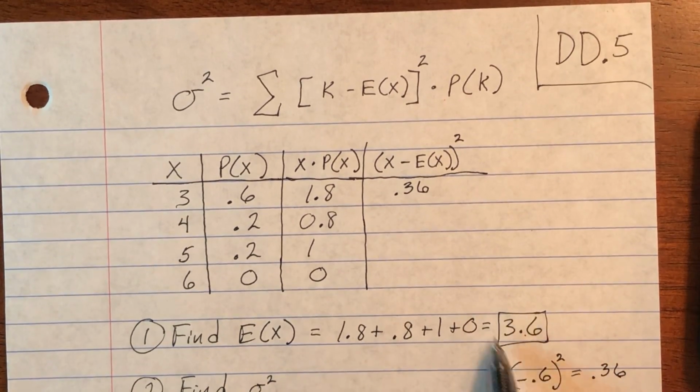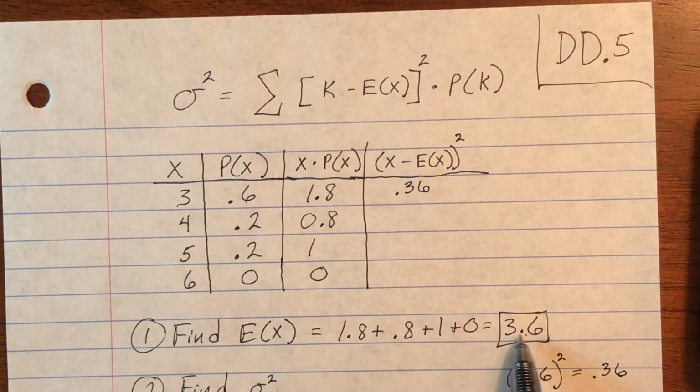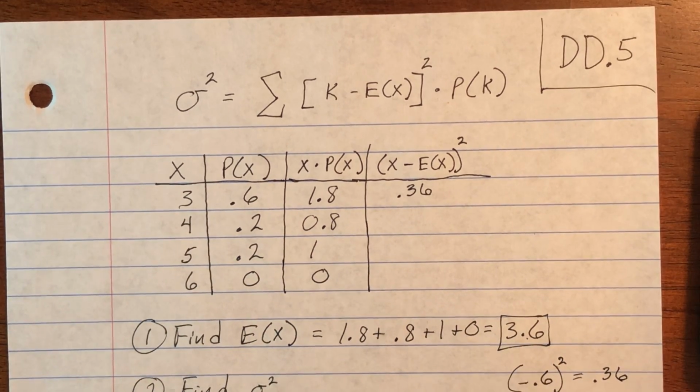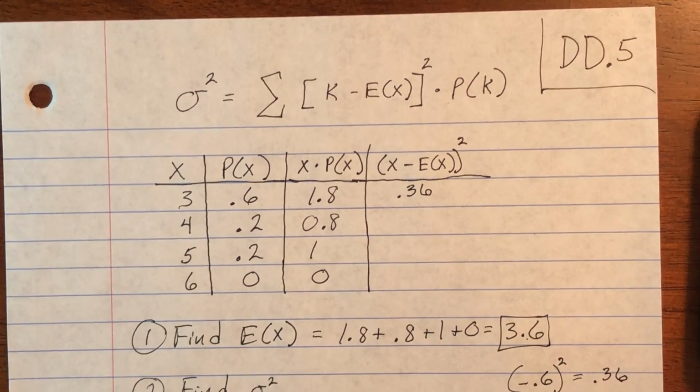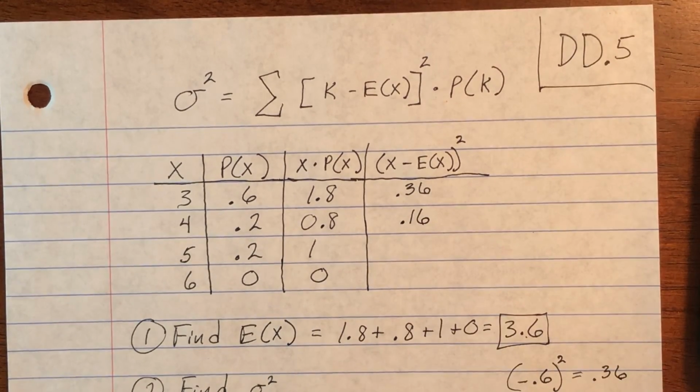Remember, this is the E of x that we're using all the time, the expected value. What's 4 minus 3.6? 4 minus 3.6 is 0.4. If you were to square 0.4, you would get 0.16. So 0.16 goes right here.